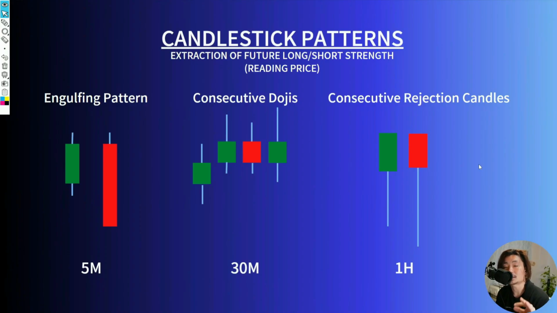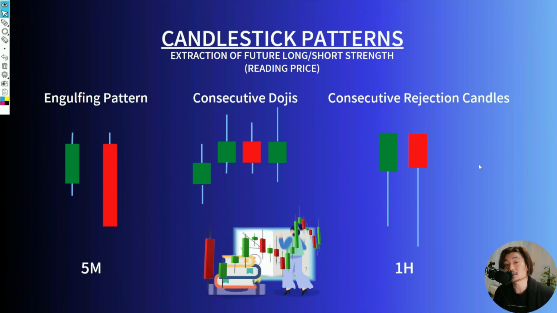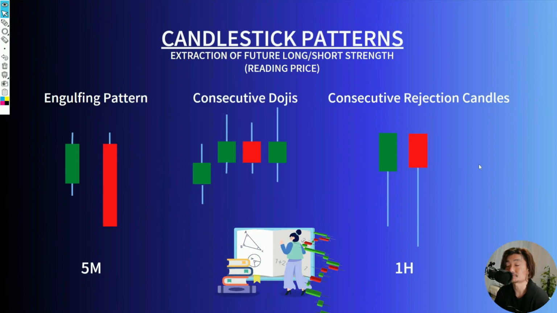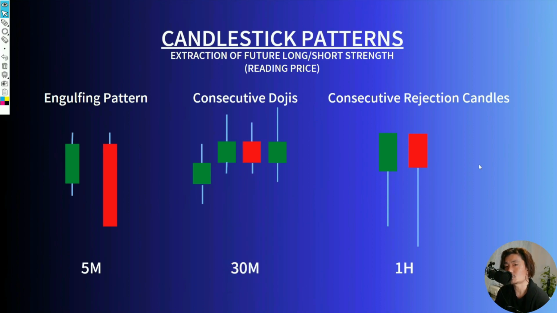Okay guys, so now that I showed you the single candlesticks and the candlestick patterns, I want you to understand that there are actually more candlestick patterns out there that by theory predict the future direction of price. However, like I explained in lesson 1, I'm only going to show you the patterns that I found to be most effective in accurately and effectively extracting the future long and short strength.